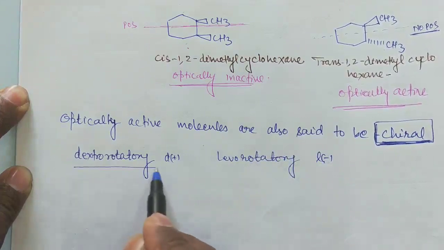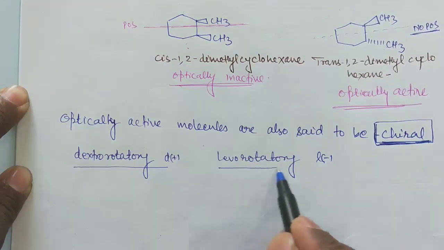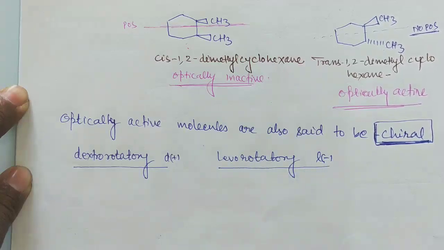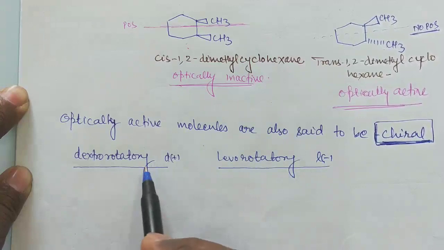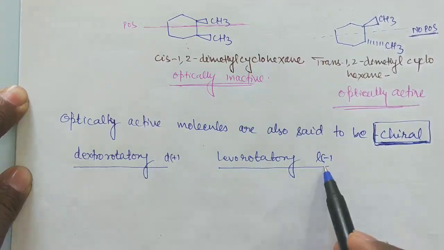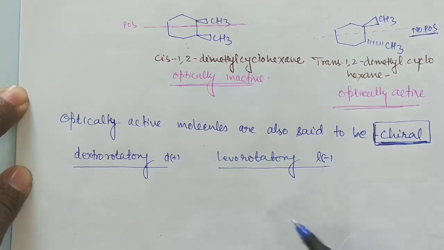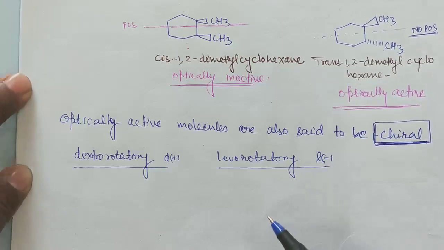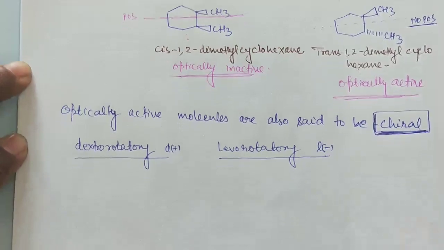For the same molecule, the angle of dextrorotation and the angle of levorotation, if other things are the same, are equal, but the sign is opposite, right?